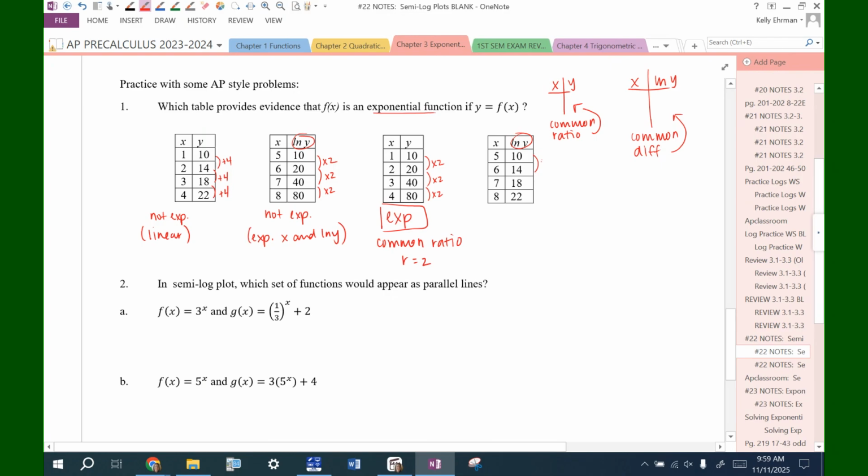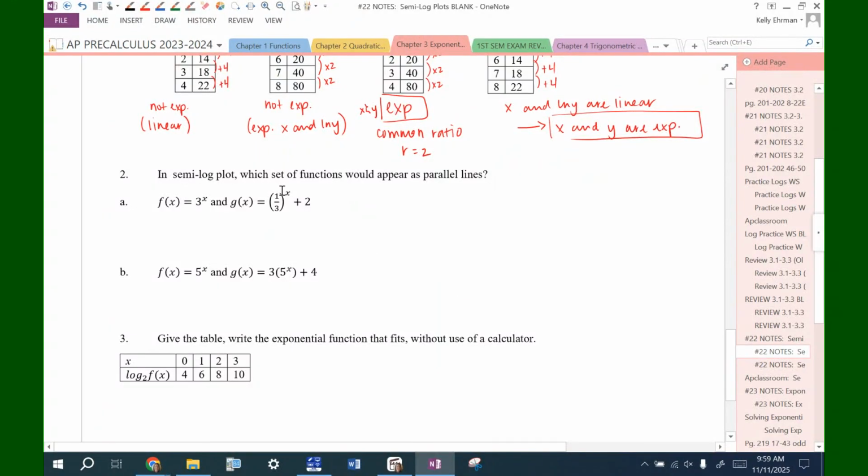So here, 10 to 14 is plus 4, 14 to 18 is plus 4, 18 to 22 is plus 4. So this means that x and ln y are linear. And that means that x and y are exponential. And that is what the question is asking. X and y are exponential. And on this one too, x and y have an exponential relationship.